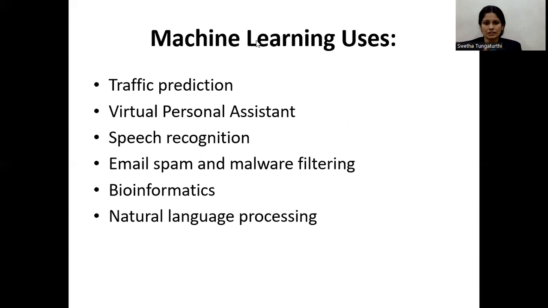Machine learning is used for traffic prediction, virtual personal assistants, and speech recognition. For what purpose are we using machine learning? These are examples, especially email spam and malware filtering, bioinformatics, and natural language processing. For conversion or text translation, we use machine learning.